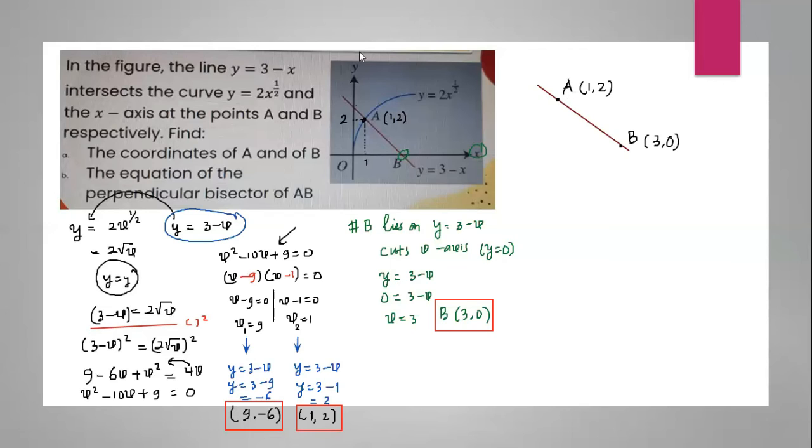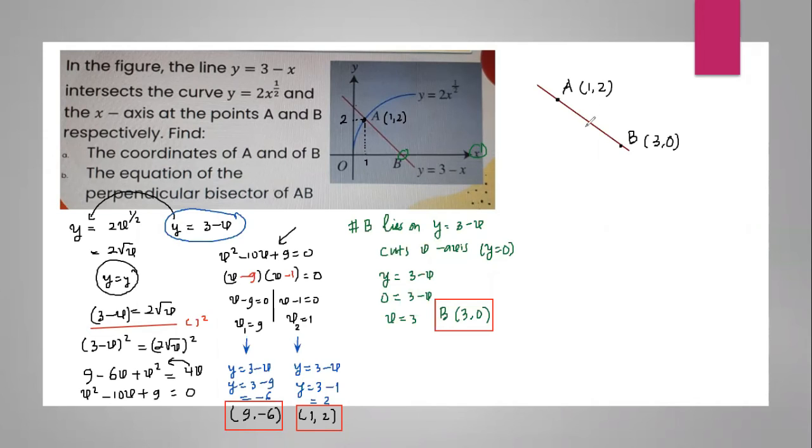So what about the bisector? What does it mean, bisector? Perpendicular bisector of AB, so I think you have to find the midpoint here.